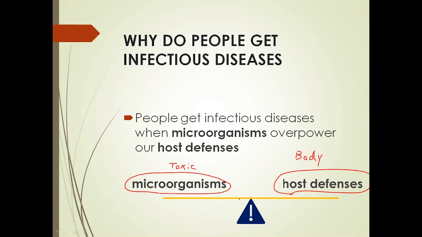For the same toxin, if people's 正气 is strong they will not get sick, and if people's 正气 is weaker they will get sick. So that is the same toxin.